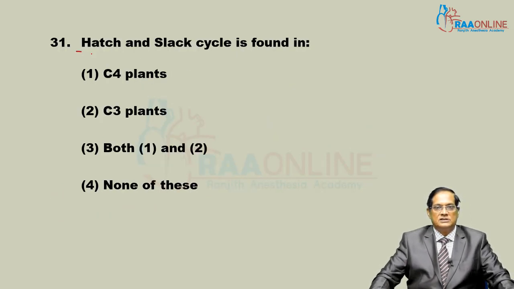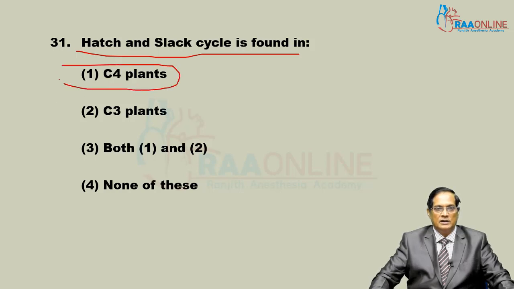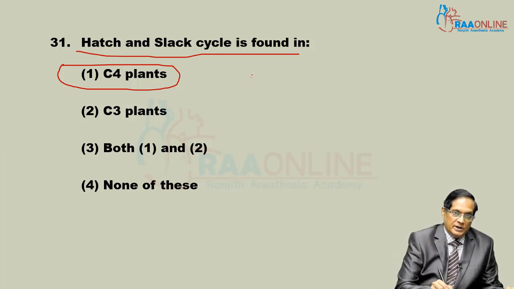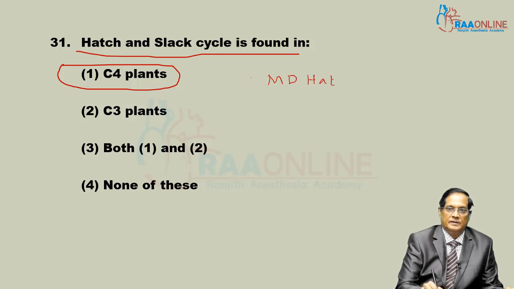31. The Hatch and Slack cycle is found in, direct answer, C4 plant. Hatch, MDH, second fellow CR Slack.